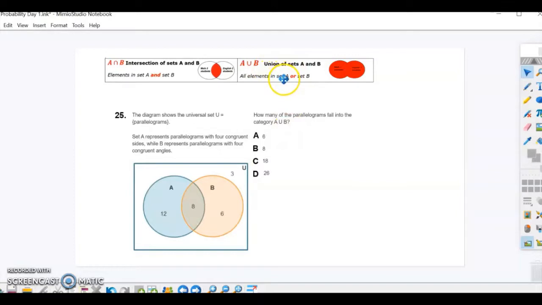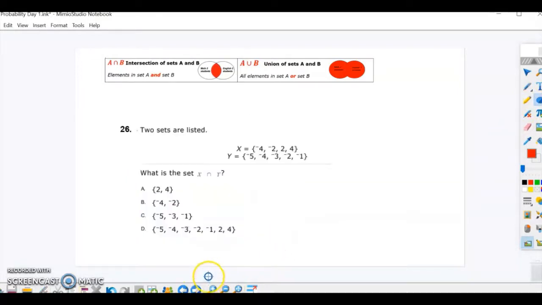That means the union, the total number that are in set A or set B all together. They could be in A, they could be in B, they could be in both. So how many total are in sets A or B? We could do 12 plus 8 plus 6 to get that there are 26 in the union of those.